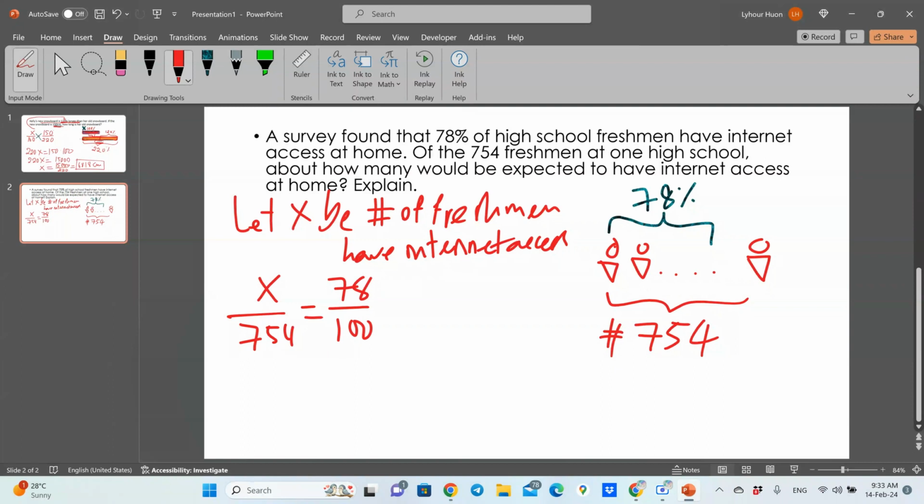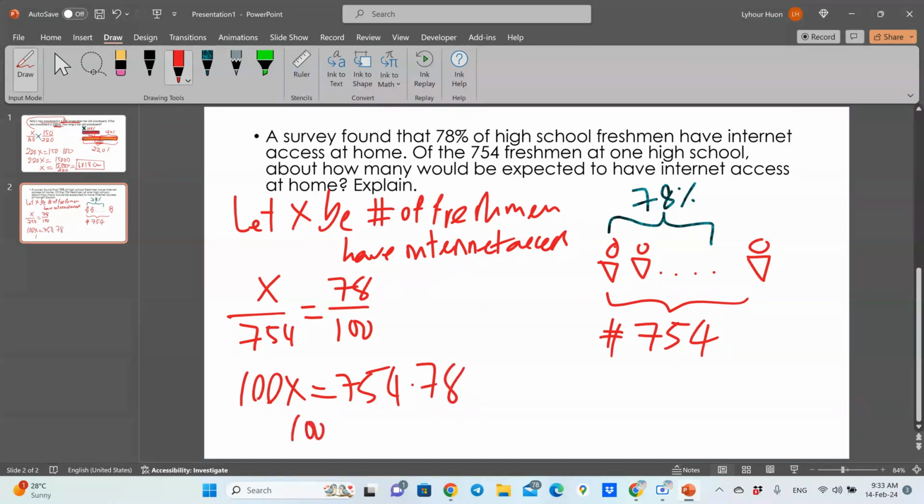Hold up, 9, 10. So I would say 78 multiplied by 754 is equal to 58,812. Okay, wait. So we do cross multiplication. It will be 100x equal to 754 times 78.